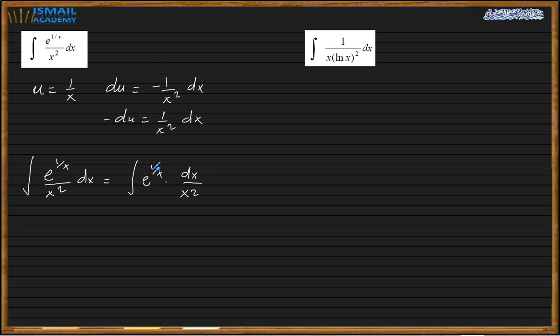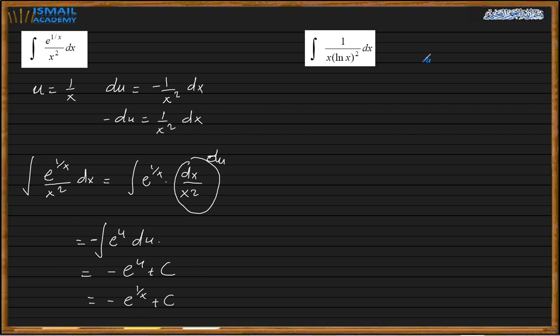This is my du and this is my u, so it's the same thing as e to the u times du. You see, this is my du, but we have a minus. There we go, and I put the minus here because this is minus du. Then I integrate, so this is the same thing as minus e to the u plus c. What is my u is 1 over x, so it's going to be minus e to the 1 over x plus c.